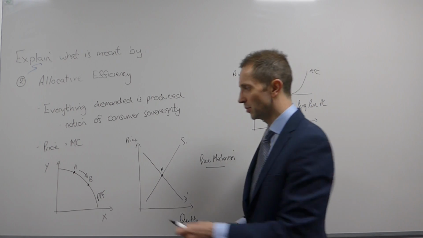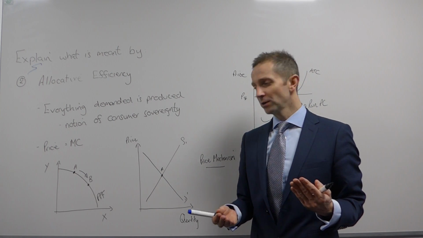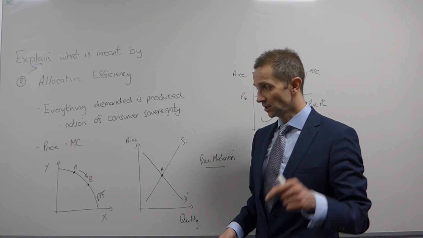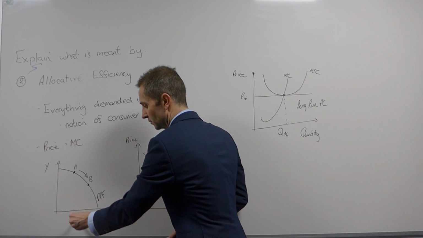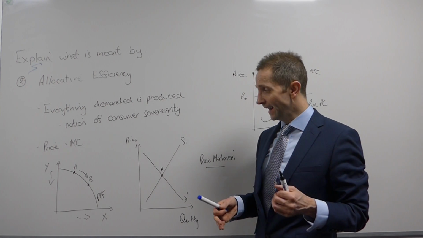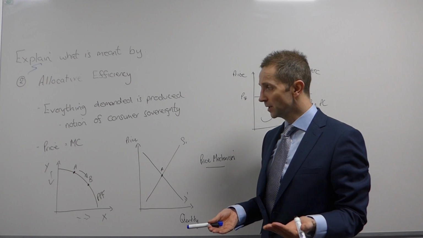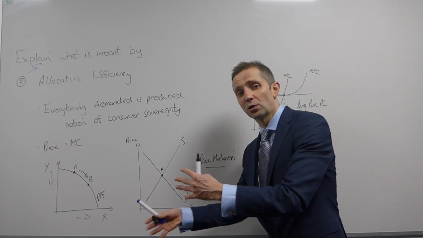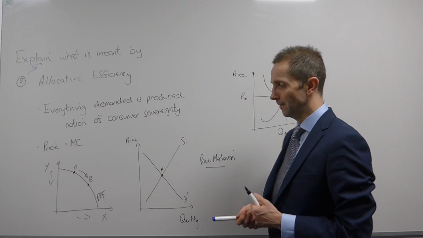So if we started at point A, and then we're told that there's a sudden increase in the demand for good X, which would mean that the amount of good Y being produced would have to drop, so we move down here and we move along this way in order to increase the output of X. Well, that would mean that point B would, by default, be allocatively efficient, because consumer demand has changed, and as a consequence, the supply or the output changes in order to accommodate that.